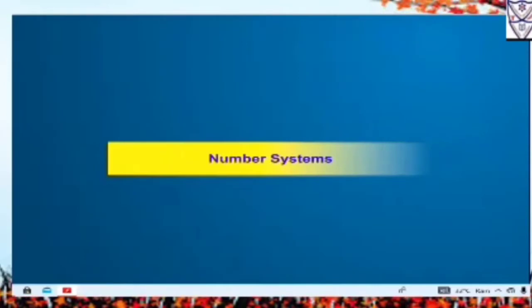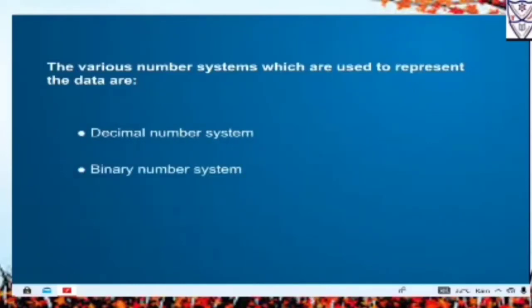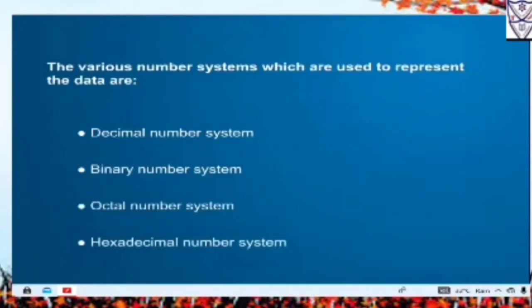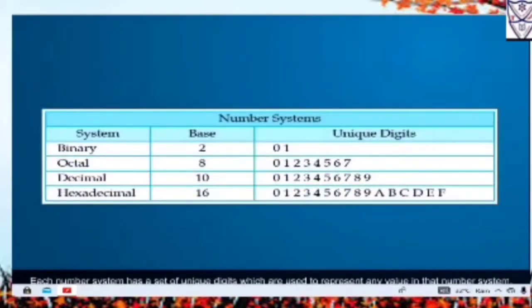Number systems. The various number systems which are used to represent the data are decimal number system, binary number system, octal number system and hexadecimal number system. Each number system has a set of unique digits which are used to represent any value in that number system.